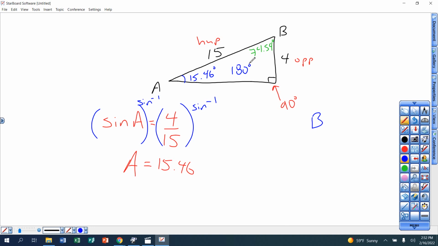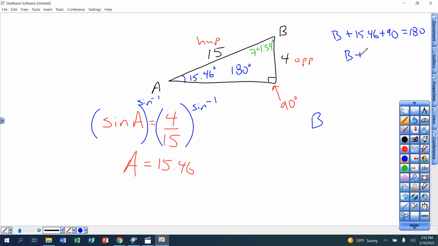This one's always given. As soon as you see that symbol, you know it's 90. And the math that you did got you this 15 one right here. So technically what we did, we realized this angle B plus 15.46 plus 90 equals 180. So to find B, I added these two numbers up and then subtracted that from 180.